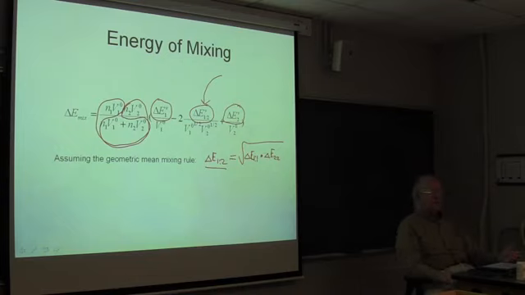Let me go back to my friends hexane and water. The interaction between a water molecule and a hexane molecule can't conceivably be the square root of the water-water interactions times the hexane-hexane interactions. They don't interact even by the same kind of forces.